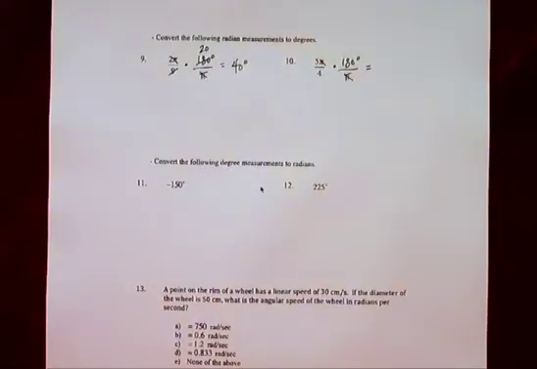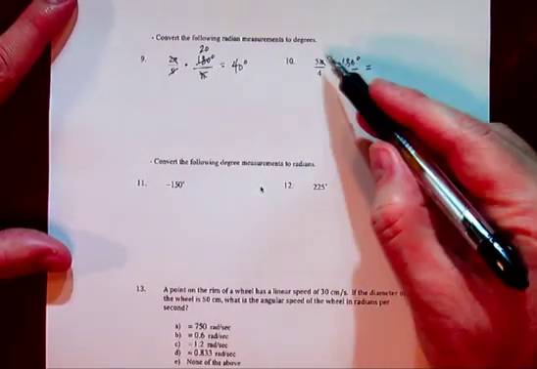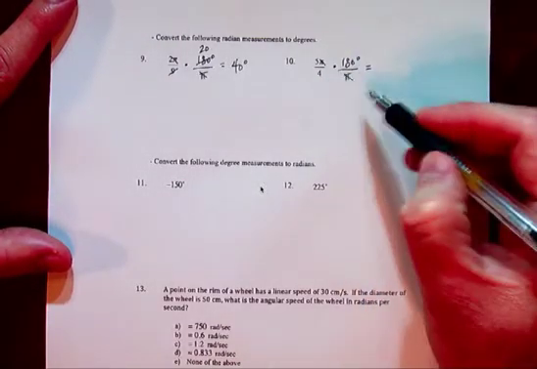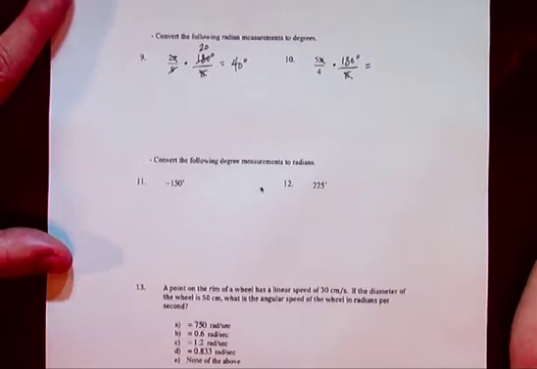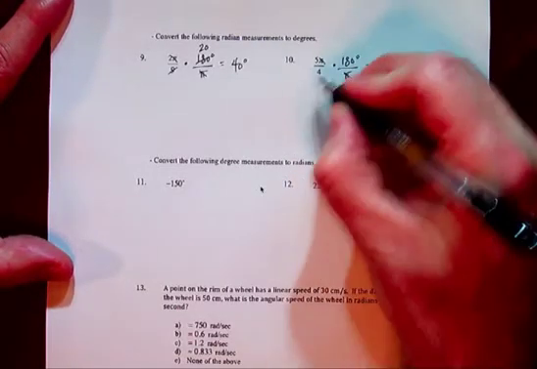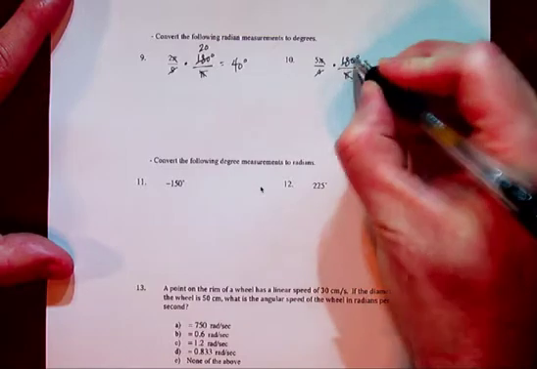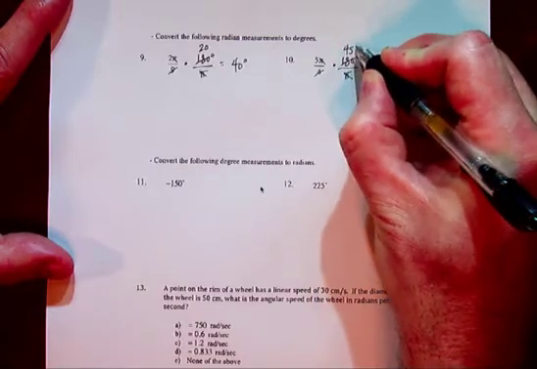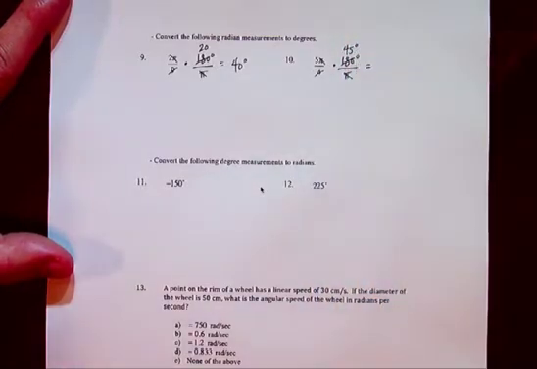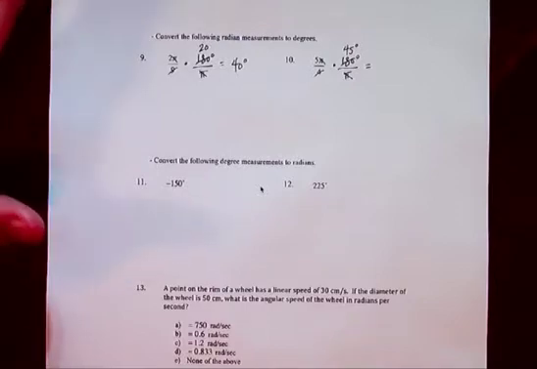Okay, now we have 5 pi over 4. We've crossed out the pi's because we're multiplying it by 180. Now 4 definitely goes into 180. We saw that in the last one, and I wind up with 45 degrees. 5 times 45 degrees, you can actually just think about that in terms of the unit circle.